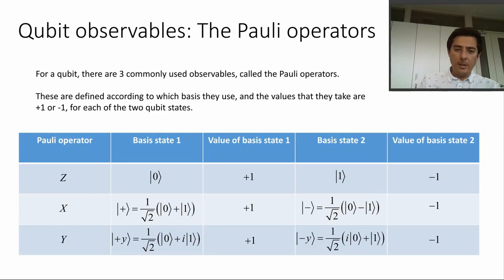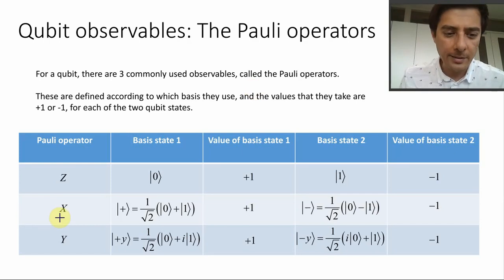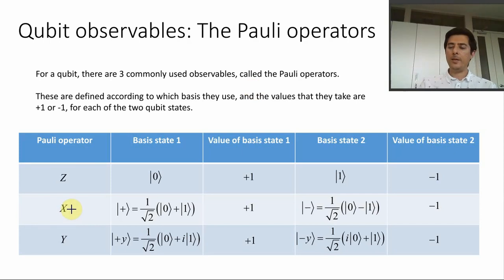Okay. So for a qubit there are three commonly used observables. That doesn't mean there's only three. In fact, you can have as many as you want in a way. But there are three which are most important, and these are imaginatively called the X, Y, and Z Pauli operators.